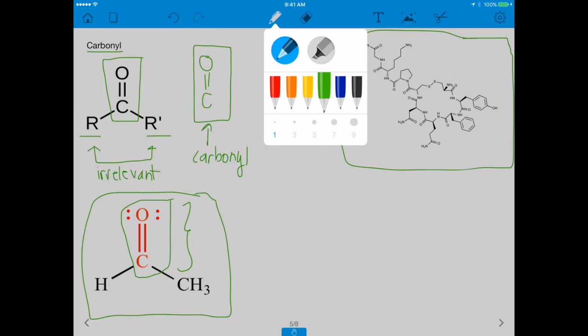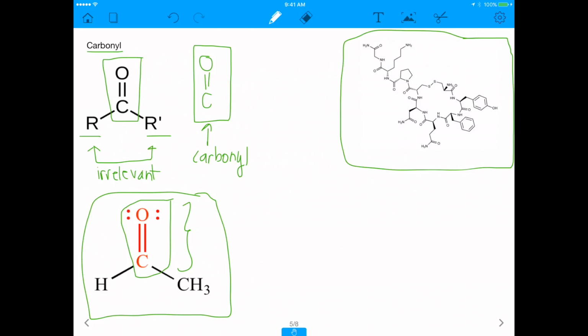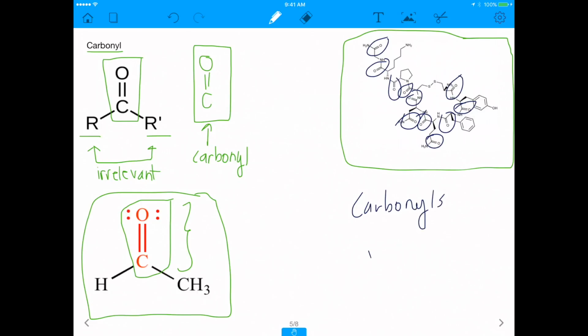Well, you bet there are. Here, here, and here. There are a ton of carbonyl groups. As long as you have carbon bonded to an oxygen with a double bond, it's a carbonyl group. So yes, they are present.